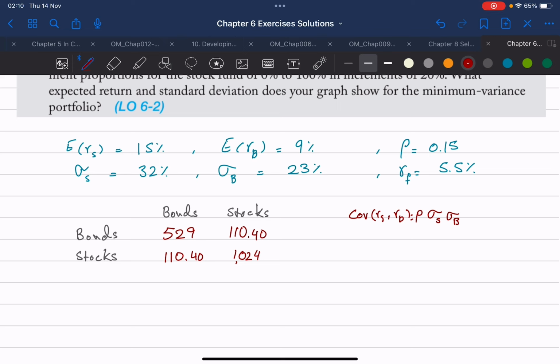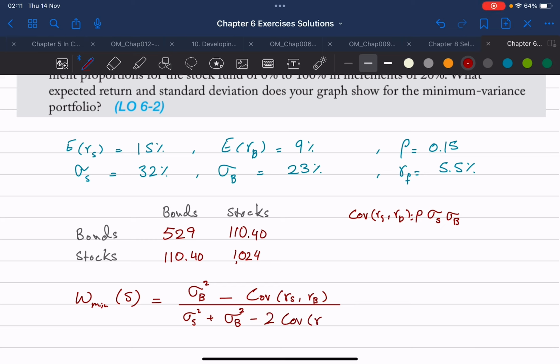The formula for the weight of the minimum variance portfolio in the stock fund is going to equal the standard deviation of the bond fund squared minus the covariance of the two funds, over the standard deviation of the stock fund squared plus the standard deviation of the bond fund squared minus 2 times the covariance of the two funds.